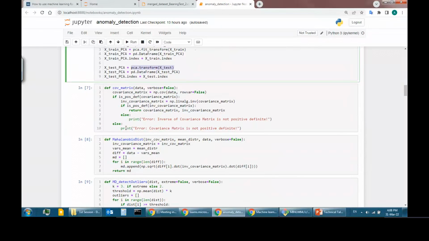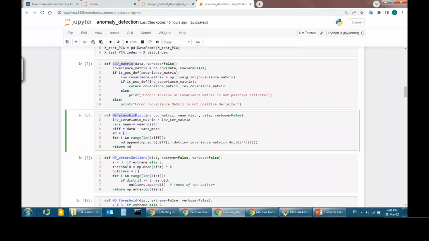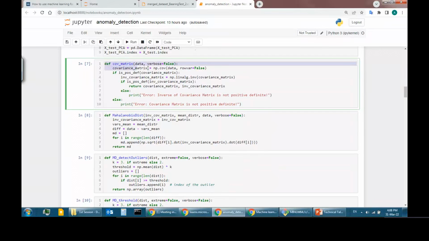And then they combine both of these, and they calculate something called the covariance matrix. The covariance matrix is needed for an algorithm called Mahalanobis, pronounced Mahalanobis distance measure. This is an algorithm that can measure the distance between two distributions. So it needs the covariance matrix, and this is a ready function.